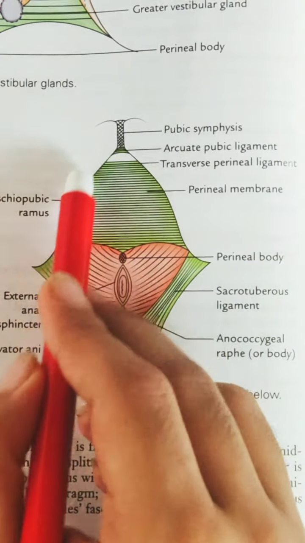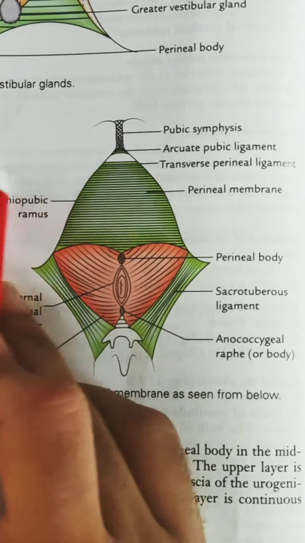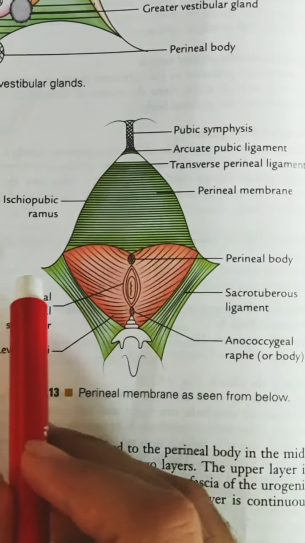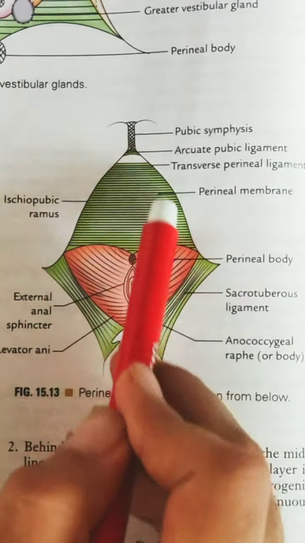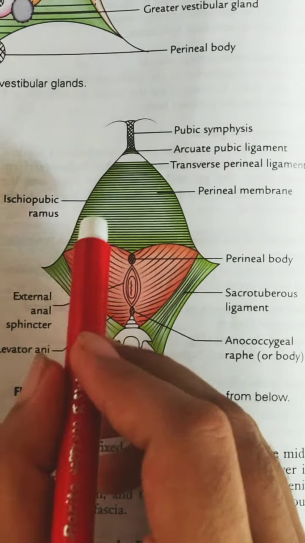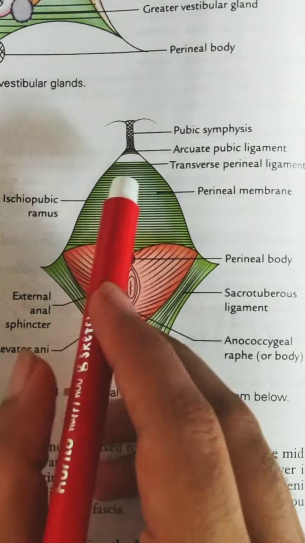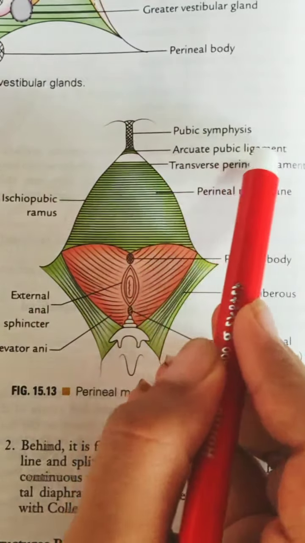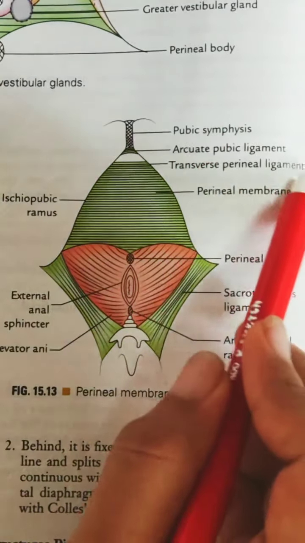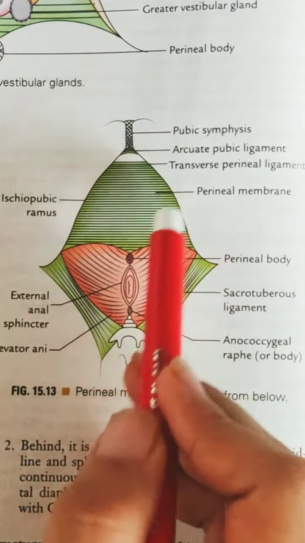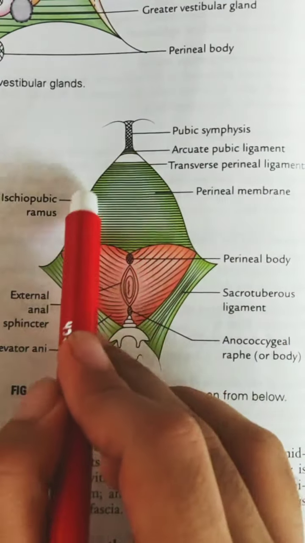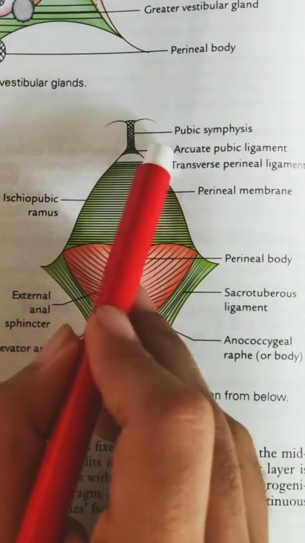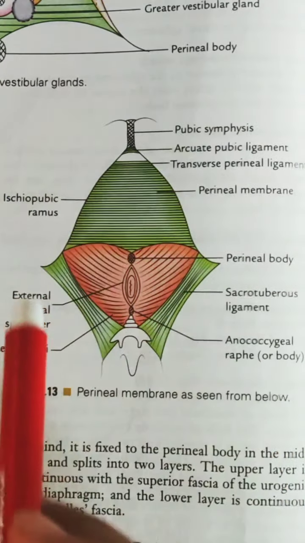Then on each side you have the ischiopubic ramus. On the anterior side you have a gap between the arcuate pubic ligament or the anterior pubic ligament and the perineal membrane, and below you have the perineal membrane. So this is the deep perineal space.